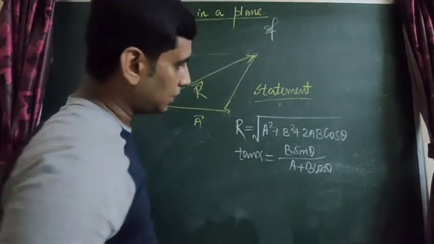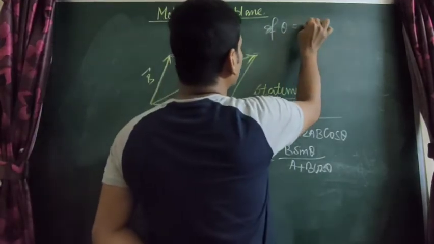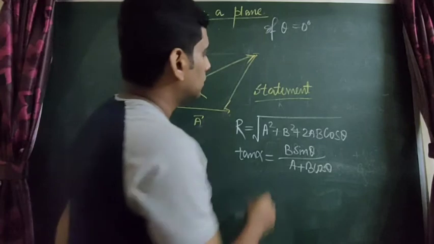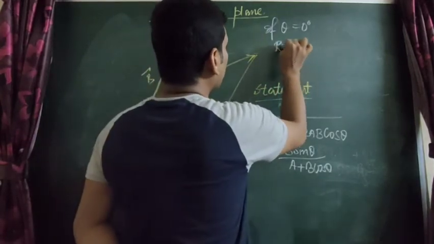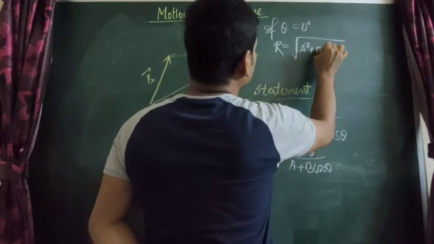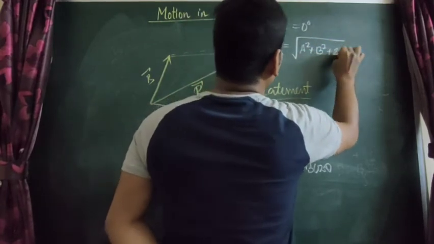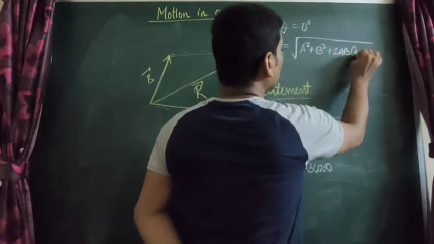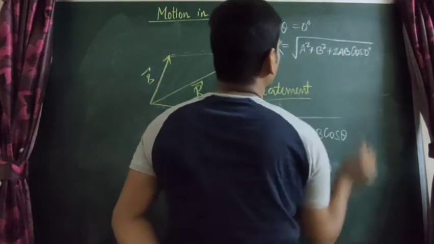From this, if theta equals 0 degree, meaning the vectors are parallel, what is the value of the resultant? R equals root over a square plus b square plus 2ab cos 0 degree.